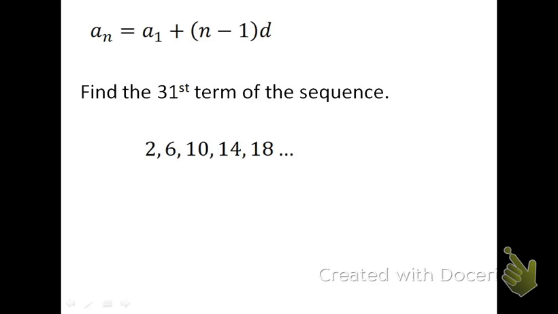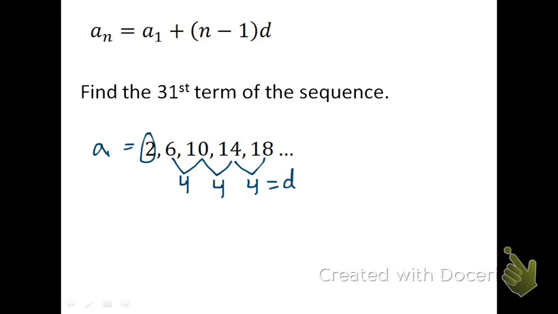So using that formula, we can find a certain term of a sequence without having to actually go through and figure it out. So let's look at this sequence right here, 2, 6, 10, 14, 18. So the first term, a sub 1, is 2, and our common difference is 4, because we're adding 4 each time to get from one term to the next. So d is 4, and a sub 1 is 2.